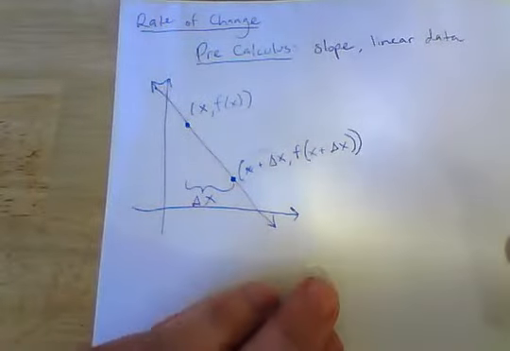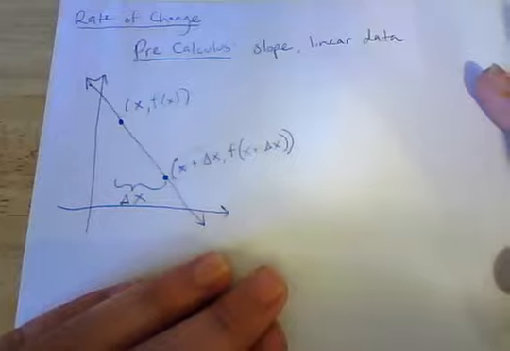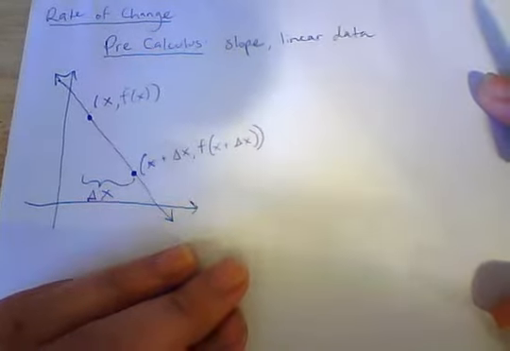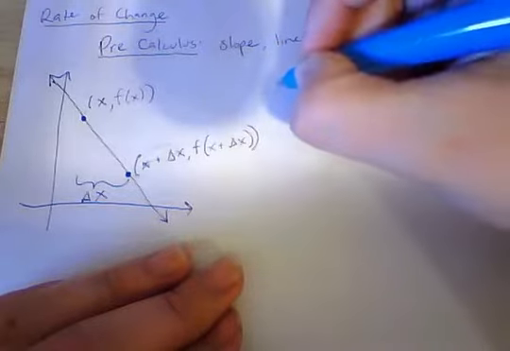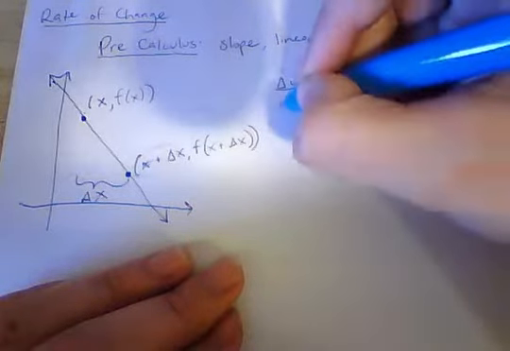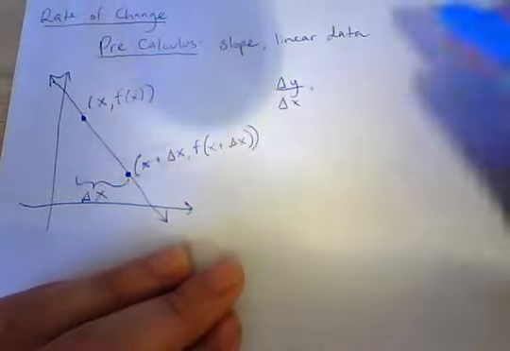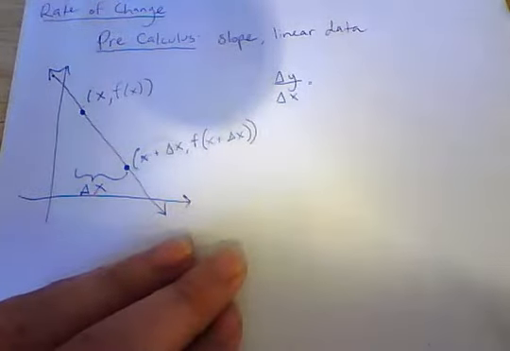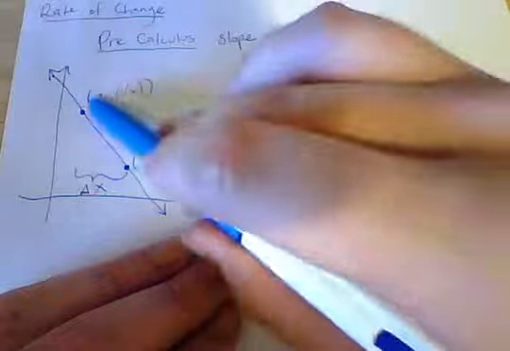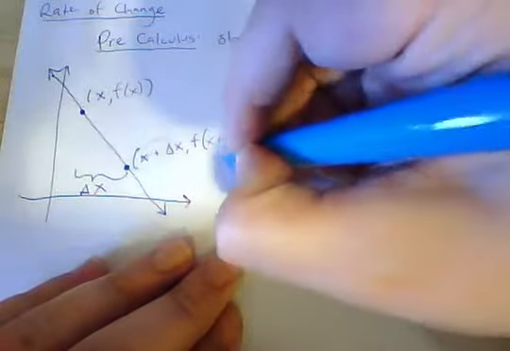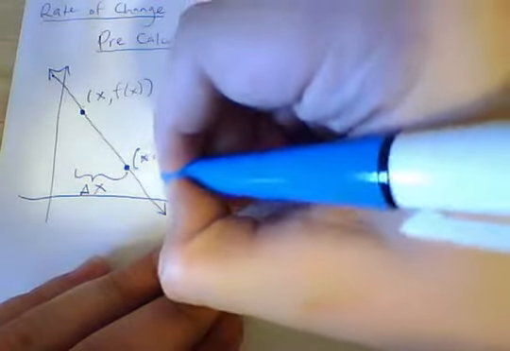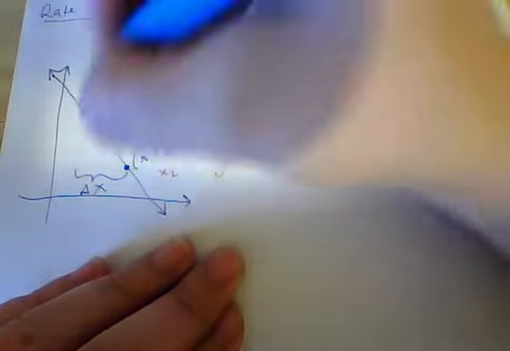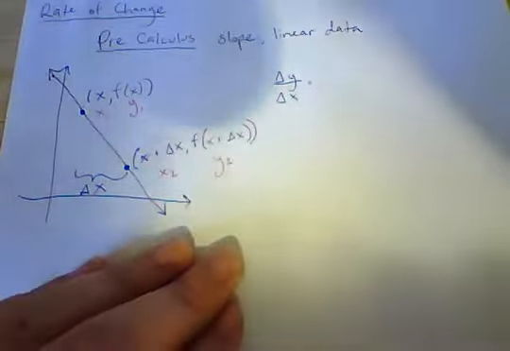And in pre-calculus, we would define the rate of change between these 2 points with that slope formula. And remember, that looks like the change in y over the change in x. And specifically, we would do y2 minus y1 over x2 minus x1. So let's label what these are. This would be our y2, our x2, our y1, and our x1.